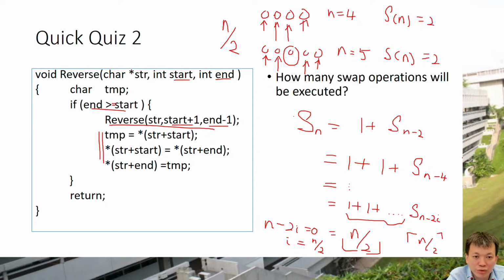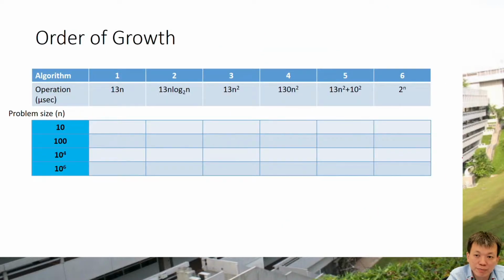Make sure that you know how to handle them. After recess week, after you finish your lab test, I will cover the asymptotic notation, about the order of growth and so on and so forth.